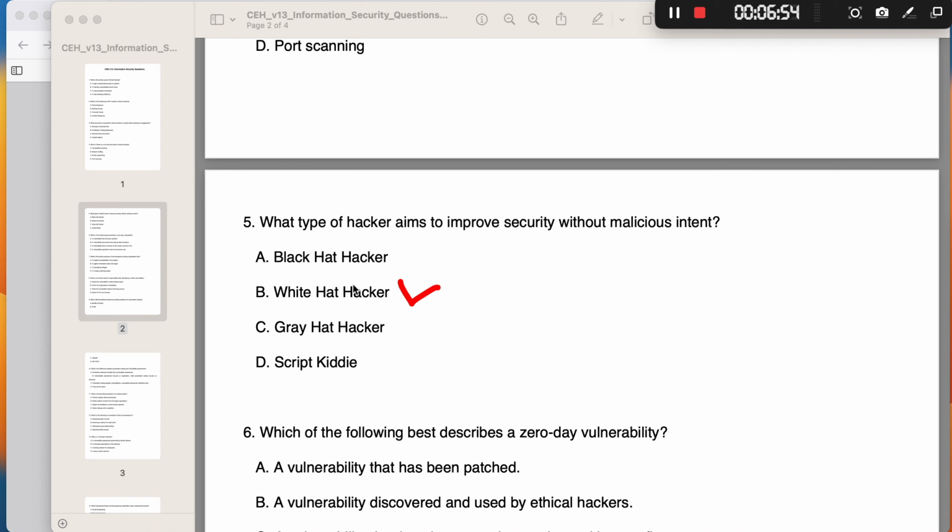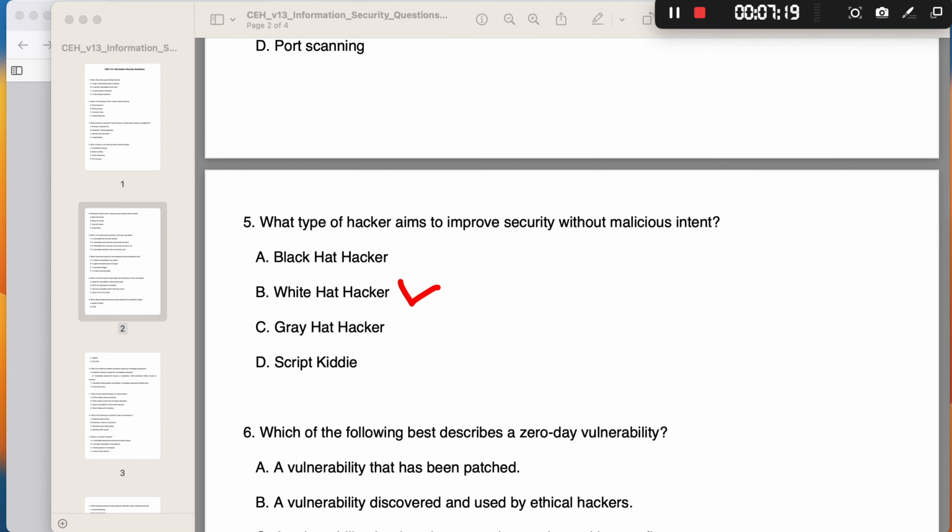And then you have gray hat, which is a combination of black and white. To be honest with you, I don't know the practicality of that. Probably somebody who's trying to break into something and something else. And a script kiddie is just a term for people who don't necessarily know about cybersecurity, but they know of the tools and they just run the tools hoping for the best, like throwing a Hail Mary.